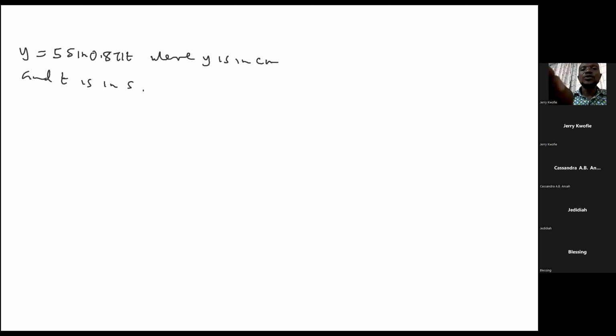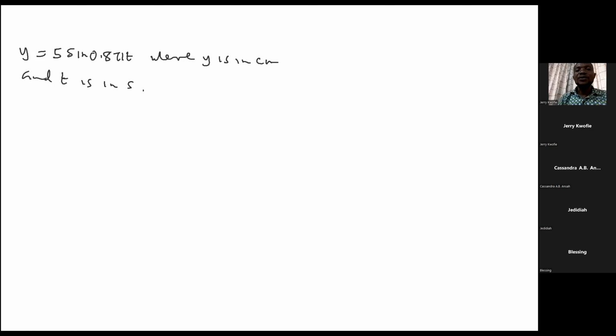Okay, so now let's pause and look at what the solution of the question should be. The equation for the particle displacement is y is equal to 5 sine 0.8 pi t. We want to find the amplitude. What should we do? Blessing, since your connection is not that strong and your speech gets distorted, you can respond by sending a chat. I will read it out, okay?